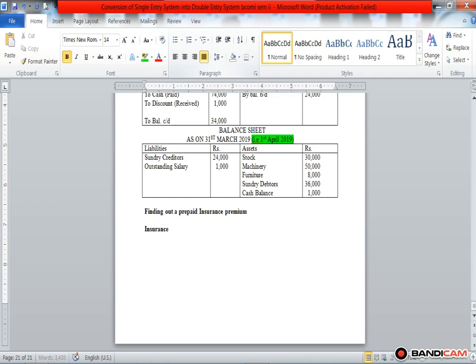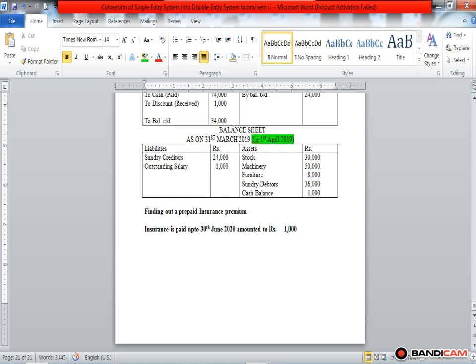So here insurance is paid up to 30th June 2020 amounted to rupees 1,000. So here we find out how many months are considered after the end of the financial year.